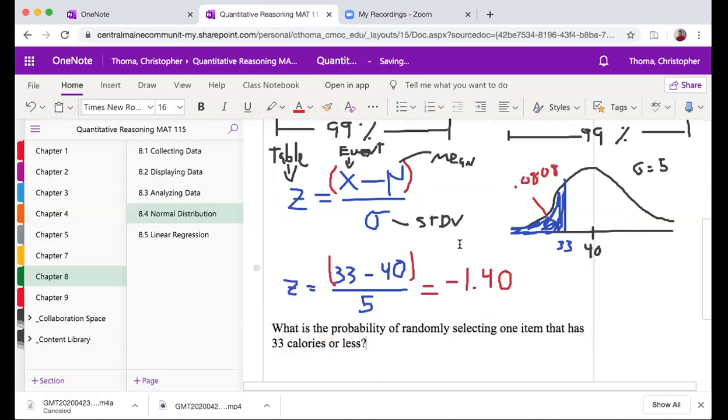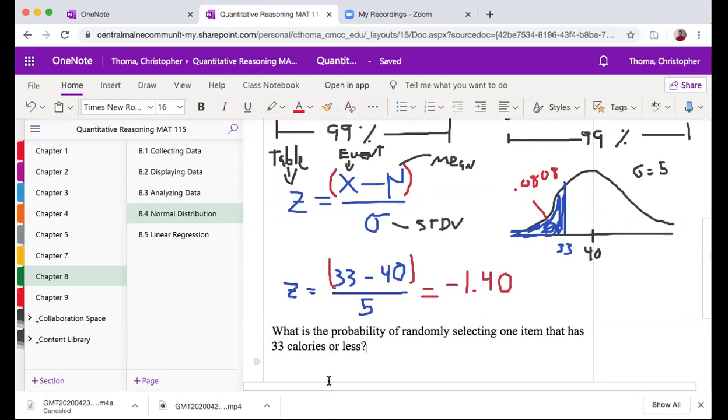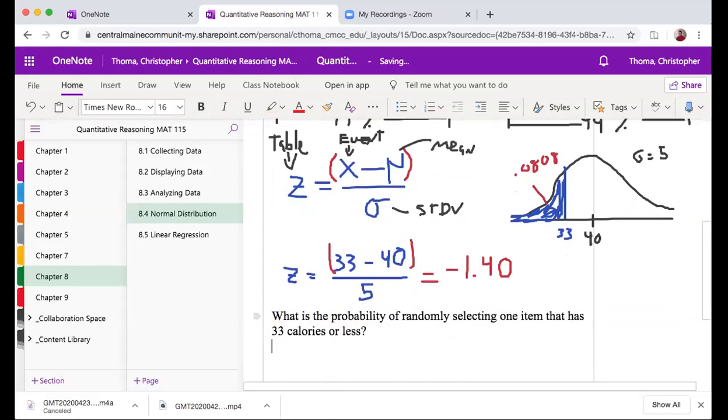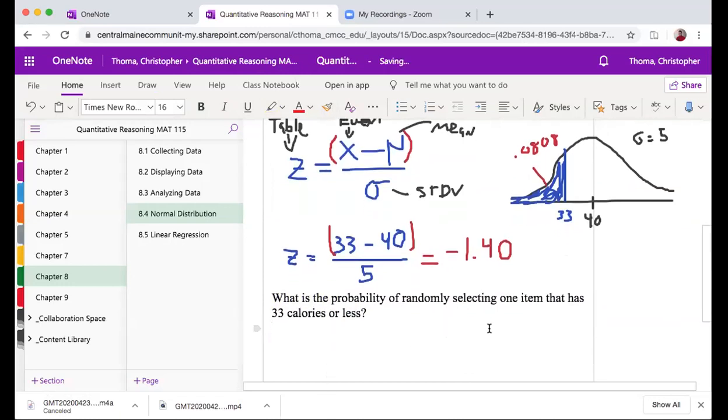That's what kind of question we're answering, right? Based on a mean of 40 and a deviation of 5, right? The probability of picking one of those items would have an 8.08% chance. That's what this just told me.